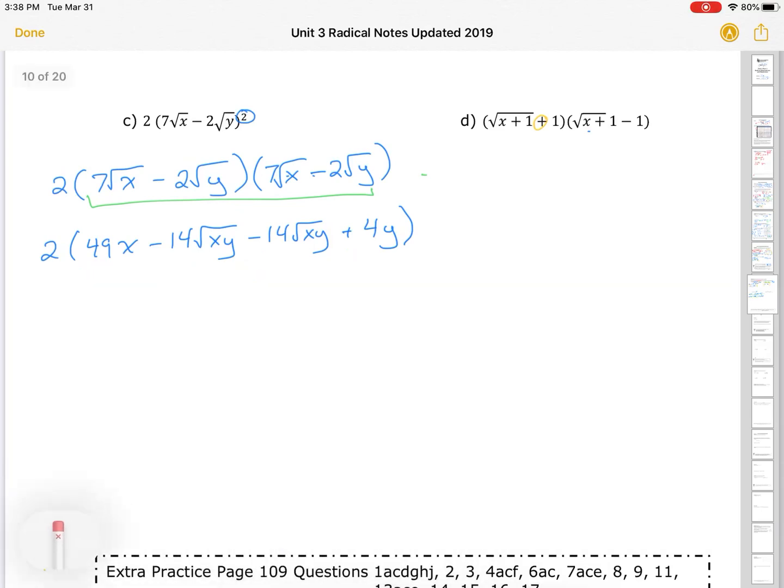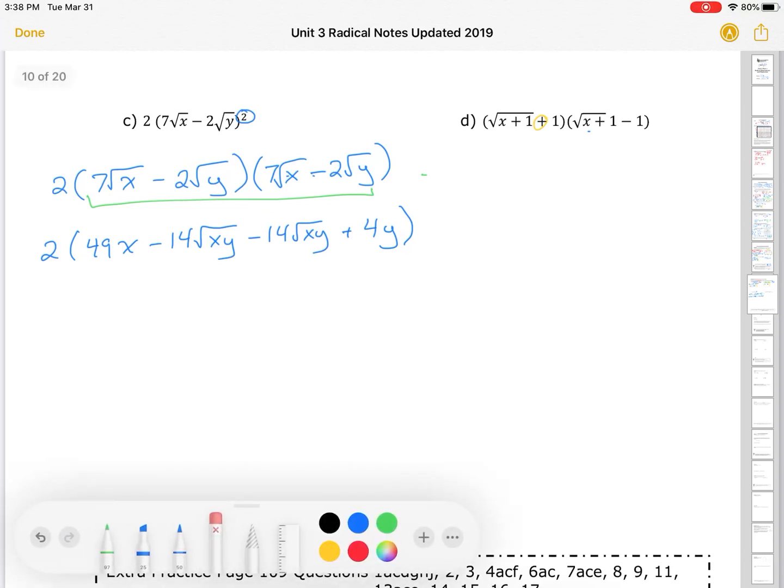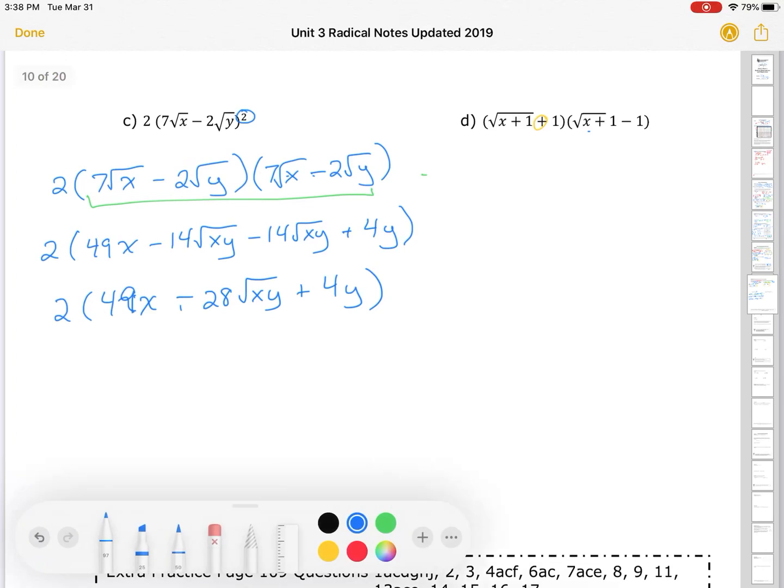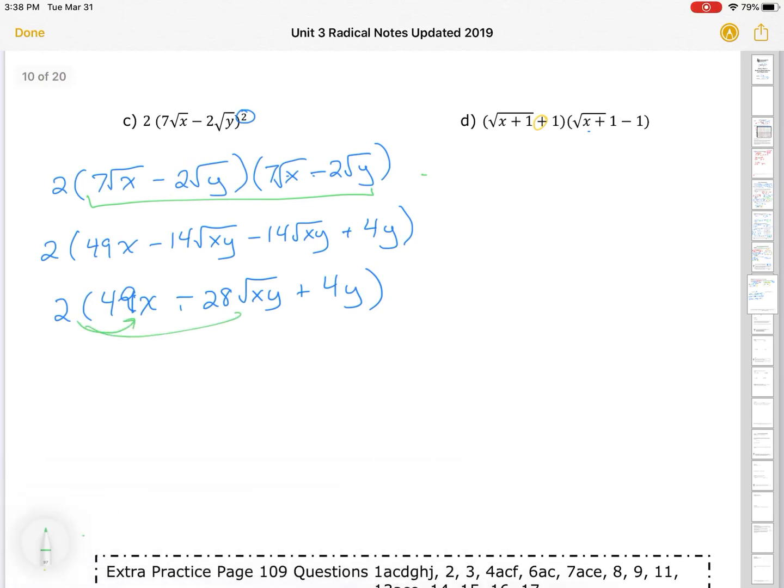Actually, you know what I'm going to do first before I distribute? Mrs. Finley, why'd you do that? I'm going to combine my like terms because I'd rather do one less multiplication. Okay, so 49x minus 28 root xy, because I have minus 14 root xy and minus 14 root xy, and then plus 4y.